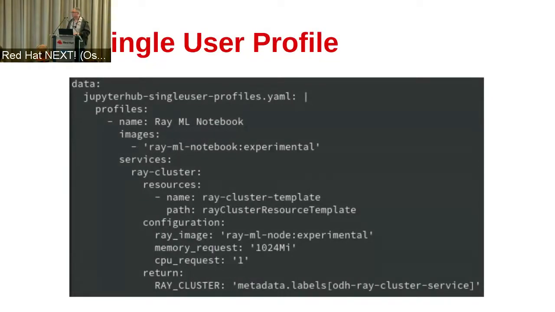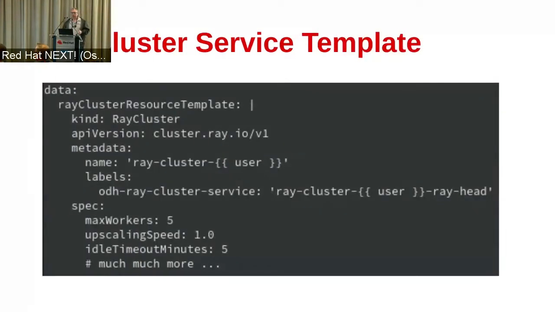Here's a brief screen grab of one of these user profiles, and you can see what primarily it does is point to some of these things called resources, which are these template objects. The details are not really important. The main point is they're very unmagical, just YAML constructs that people can program. And likewise, these templates effectively say, here's a template for creating one of these Ray cluster resources.